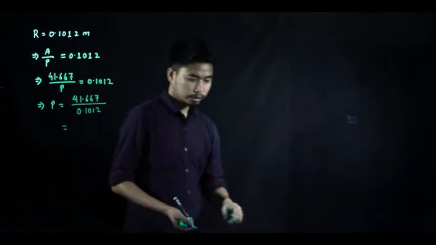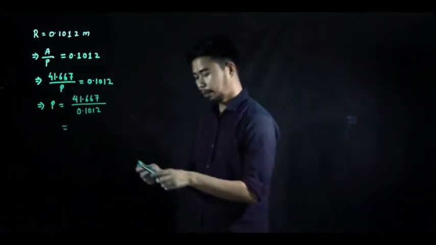So from here, we can say that the P value will be how much? P will go to this side and this will come to the denominator. 41.667 divided by 0.1012. So this will give us the P value. P means what? It is the wetted perimeter.